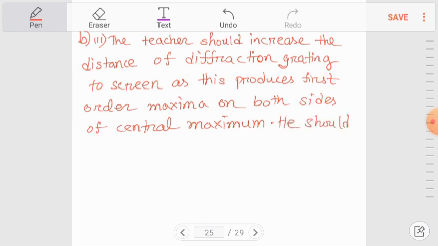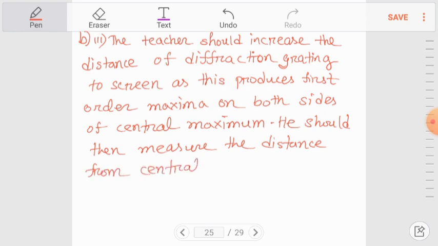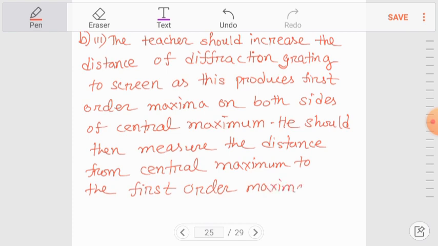He should then measure the distance from central maxima to the first order maxima for both sides.